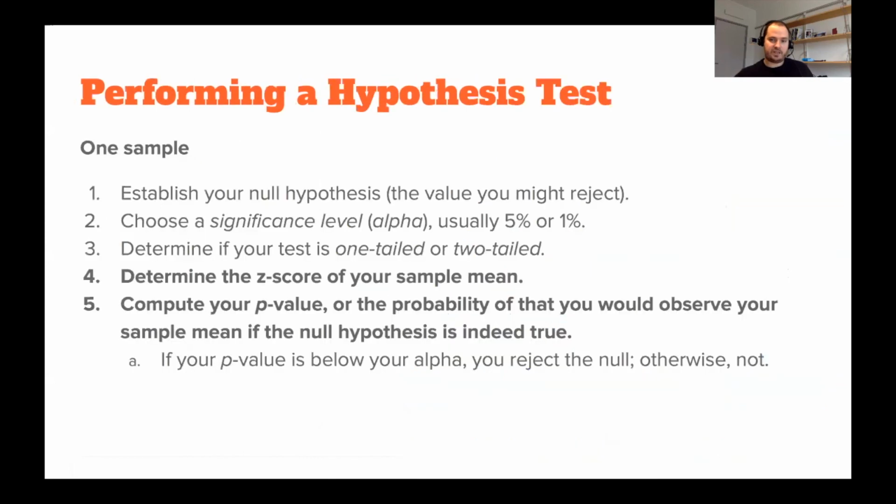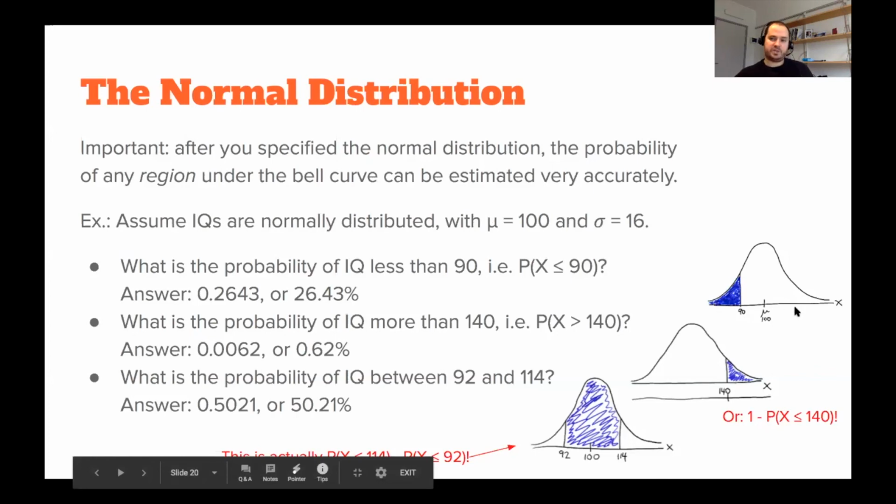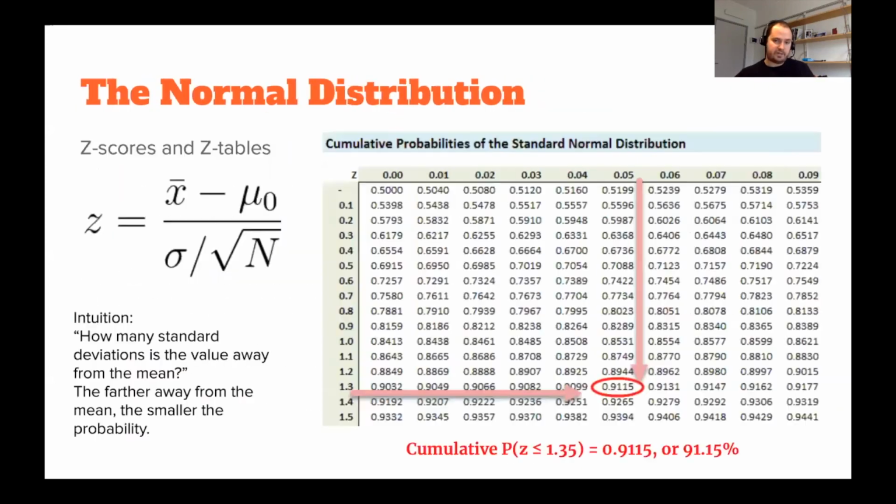So remember, we said this is the cumulative probability. And 1.35 would be somewhere over here. So the cumulative probability, the whole thing all the way up here, is 91.15%. That's not the p-value, because the p-value is actually the opposite. It's 1 minus that, but it doesn't matter at this point.